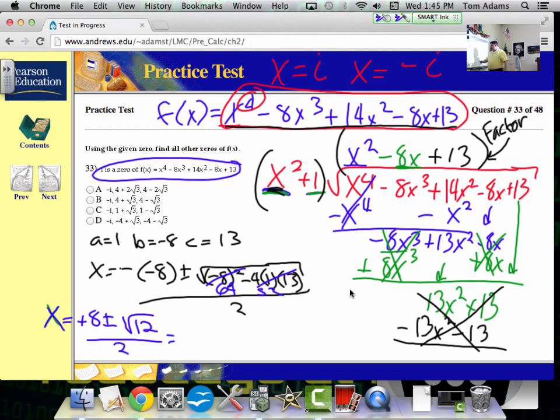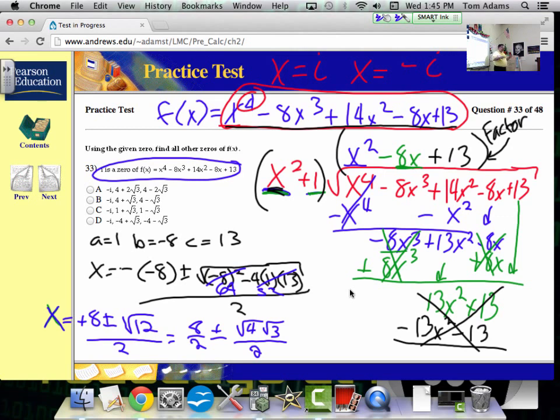Yep. So now I'm going to try to simplify the 12. I'm going to say 8 over 2 plus or minus the square root of 4 times the square root of 3 all over 2. So I'm doing a couple of things. I'm separating the numerator over the same denominator. We can do that.